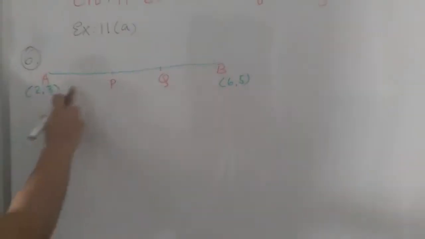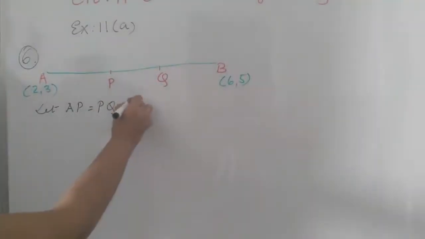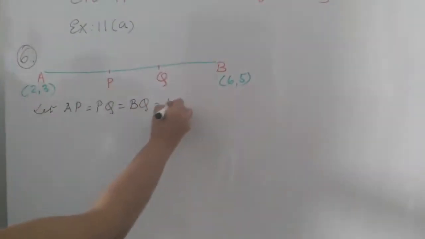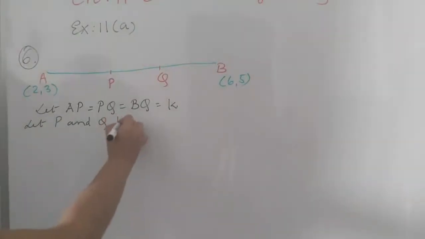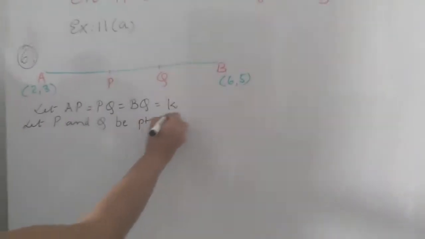Now we'll write: let these 3 parts be equal. So let AP is equal to PQ is equal to BQ. All the 3 parts I am taking as K. So we write: let P and Q be the points of trisection.